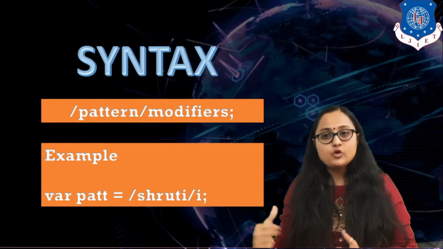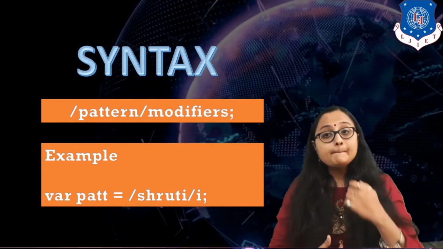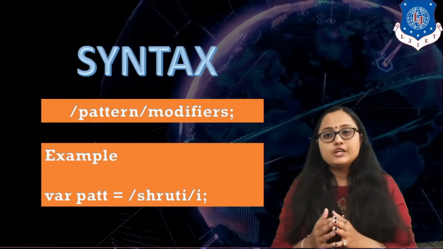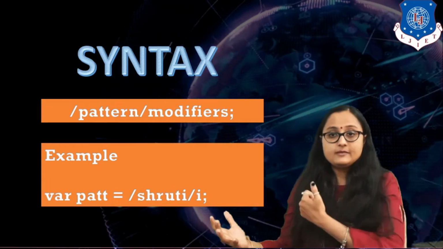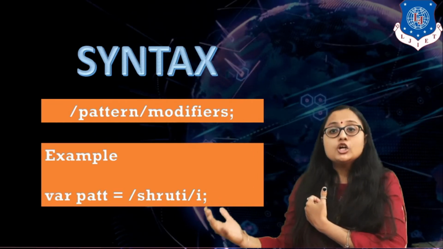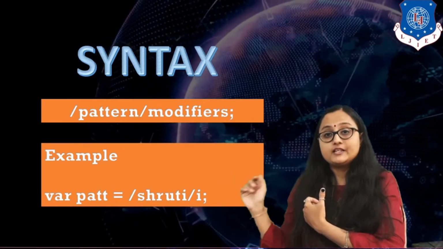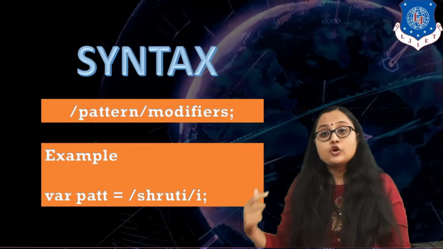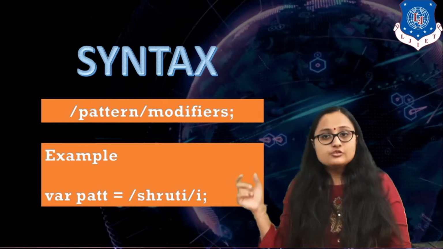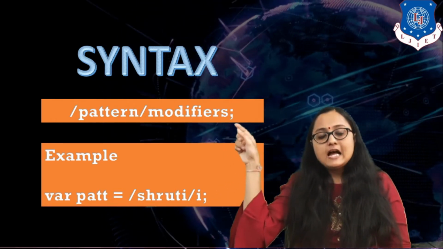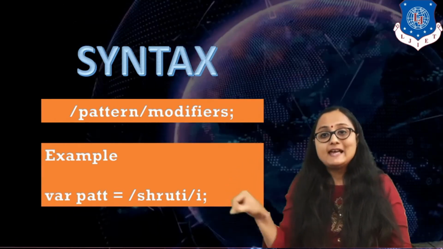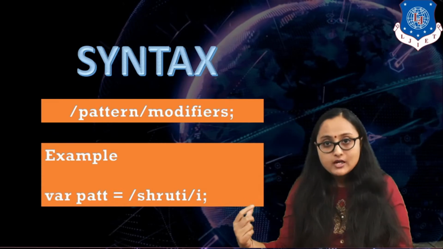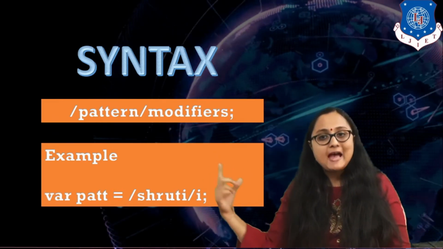If you skip this modifier, what will happen? My search will be case sensitive by default. So if I am comparing a string of characters according to this pattern, it will search for a case sensitive match. If in the string I have Shruti, but the S is capital in the string and in the pattern I have a small s, there will be a mismatch.